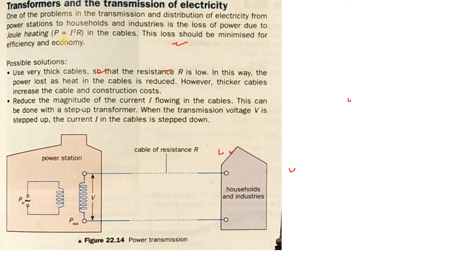Based on the formula P is equal to I square R, if you reduce either the resistance R or the current I, the loss of power can be minimized.